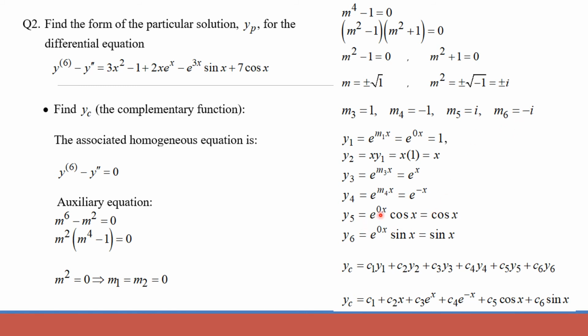So e to the 0x cos 1x, or cos x, so y5 is just cos x, and y6 will be e to the 0x sin x, or in other words, this is equal to sin x. And now we can form the yc, which is the general solution for the associated homogeneous equation. So yc will be equal to c1 plus c2y1 plus c3y3 plus c4y4 plus c5y5 plus c6y6.